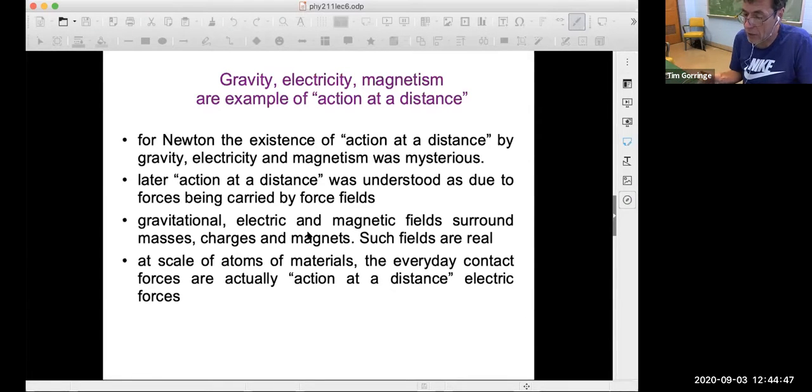And so that's what I hinted at: these fundamental forces, like the electrical force, underlie the foundations of the everyday forces, like contact forces, friction forces, and tension forces.